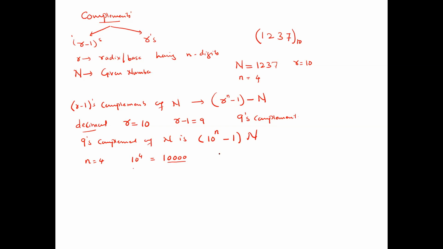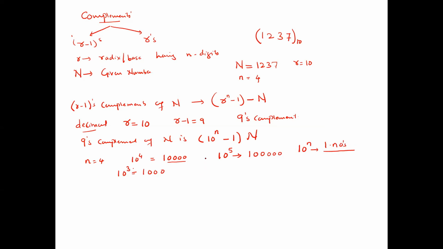If I write 10 raised to 5, this will also contain only a single one followed by 5 zeros. So, in short, 10 raised to n represents a number that consists of a single one followed by n zeros.